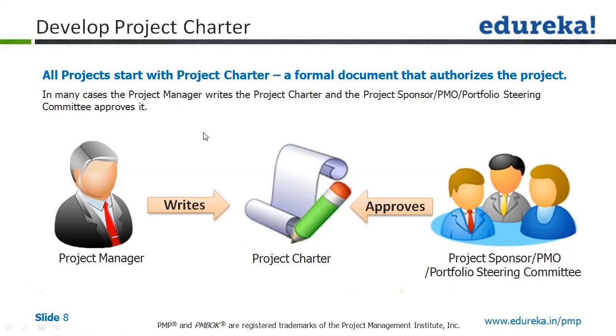So it is not a mandate that only the sponsor can give you the project charter. This all depends on the organization, and that's how multiple names are used. So very clearly, two things to remember. Charter formally authorizes the existence of the project, and the charter also authorizes the project manager to apply organizational resources to the project activities.